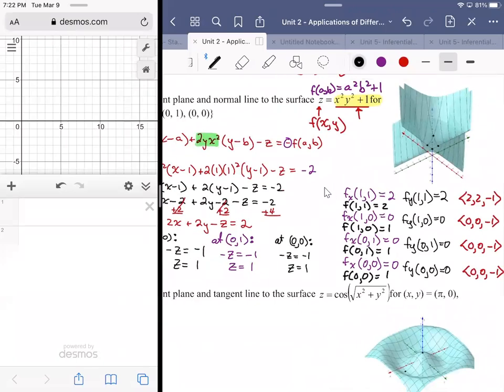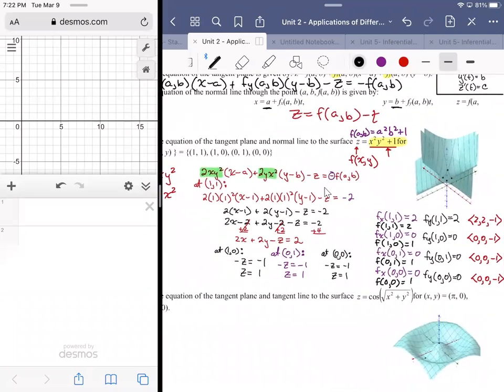All right, so we have the a, b, and c values, because it's a, b followed by c. The a and b values they gave us for this problem are 1, 1, 1, 0, and 0, 1, and then the slope is determined based off of the partials at that particular location.